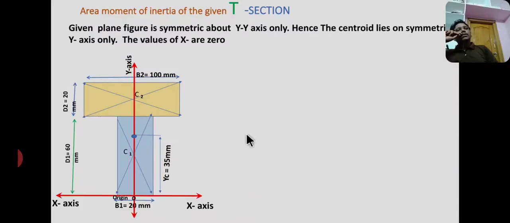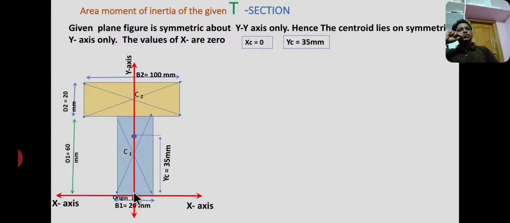In this slide I am going to show the position of centroid. So x equal 0, y equal 35 mm. In the previous slide we already discussed these two points, that is the coordinates of centroid, x equal 0 and y equal 35. From the reference axes, x and y axis, this is the origin.